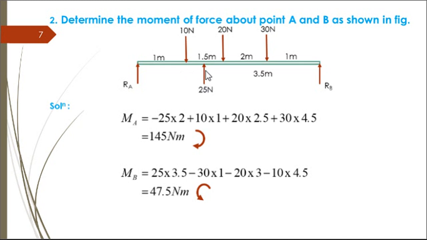So 25 into perpendicular distance 2, and the nature of moment, it is going upward, so about point A it is moving in the anti-clockwise direction, that is minus.